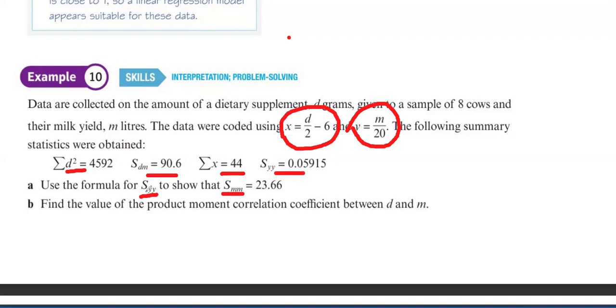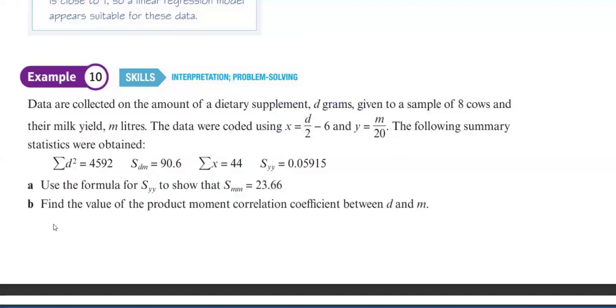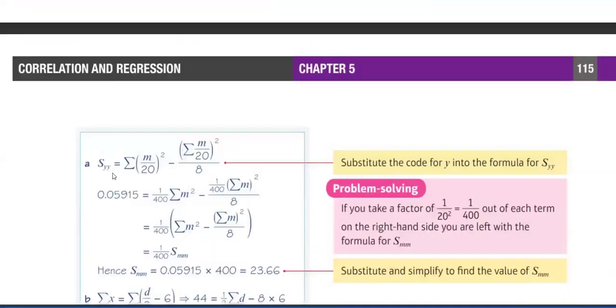Show that, sorry, Syy and show that Smm equals this one. Sometimes you have to use these codings because if you want to find Syy, you want to use this formula.